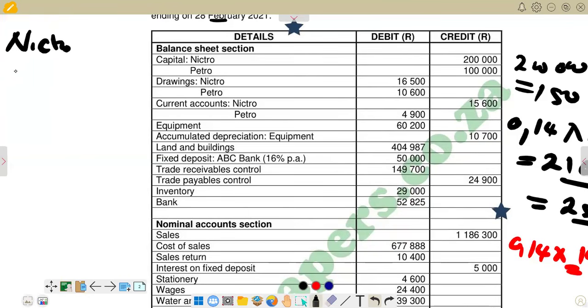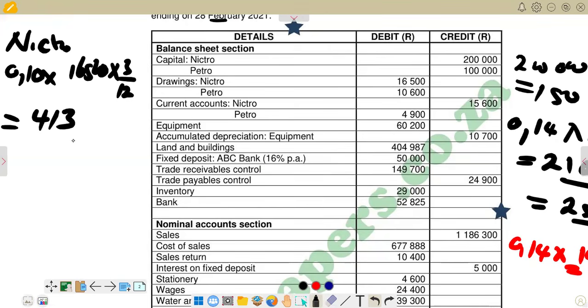We are saying 10%, which is 0.10, and then you multiply by the total drawings for Nitro, 16,500. The answer that we get, you multiply by 3 over 12. Remember, they are saying it's for 3 months. We get 413 after rounding off to the whole number. So this is for Nitro.